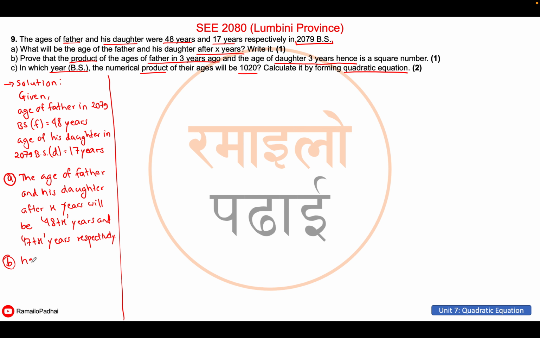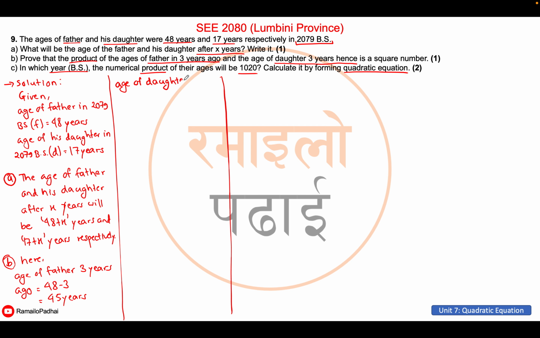So here, age of father 3 years ago is equals to 48 minus 3 is equals to 45 years, and age of daughter 3 years hence is equals to 17 plus 3 is equals to 20 years.